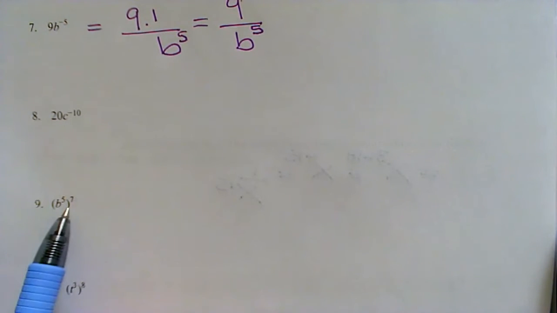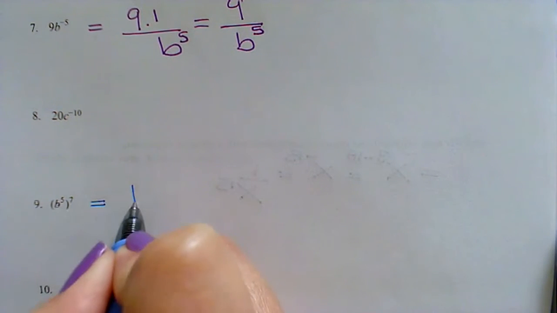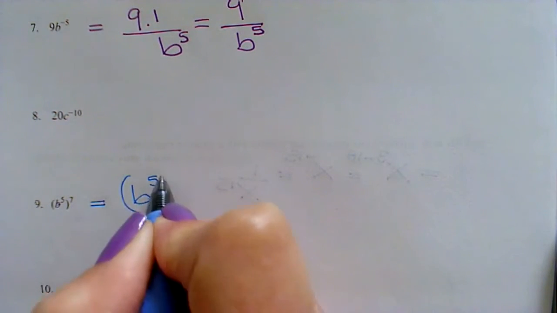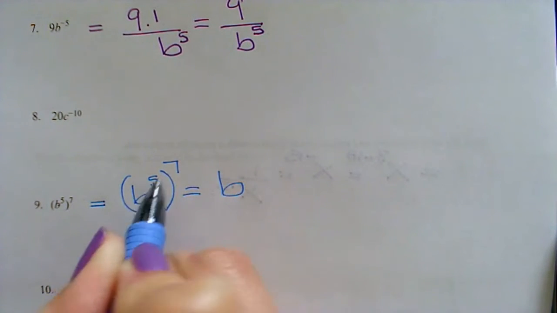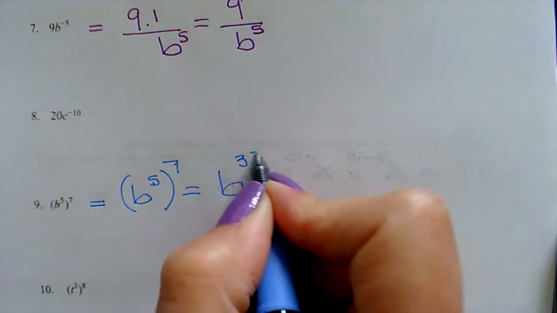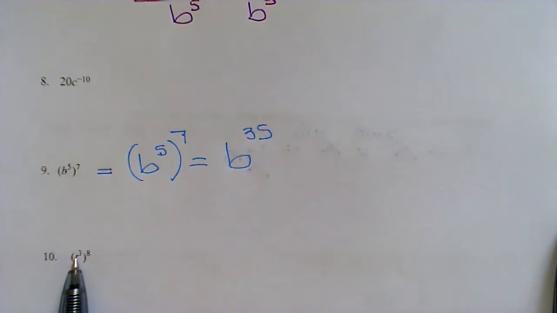Now, let's do this one. This is power to a power. This is what we have there. So 5 times 7, 35. Exactly the same with this one, power to a power.